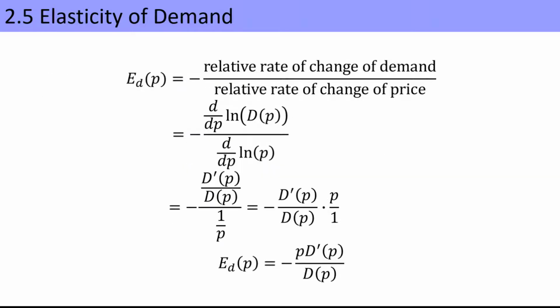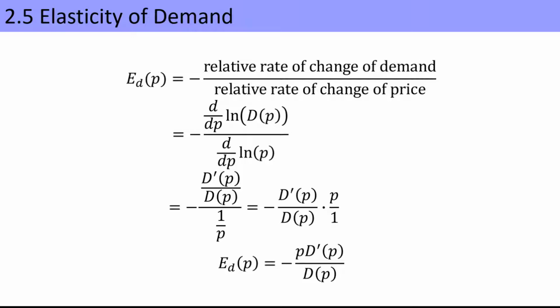To derive the equation, we set the relative rate of change of demand in calculus notation to d/dp of the natural log of D of p. That is the relative rate of change of demand. We divide that by d/dp, that's the derivative with respect to p, of the change of price, which is the ln of p.